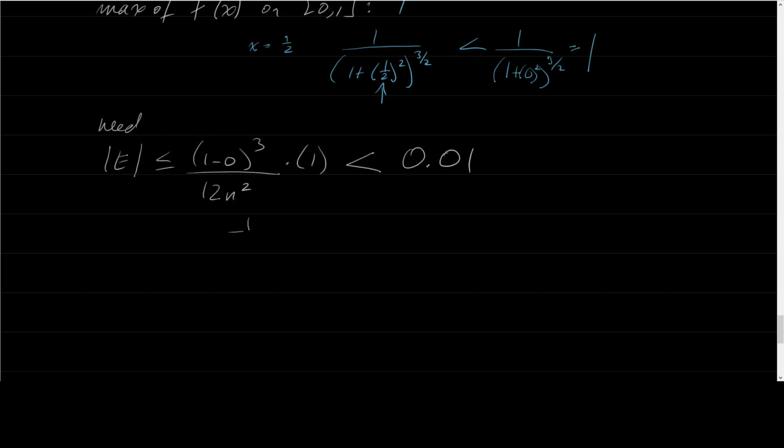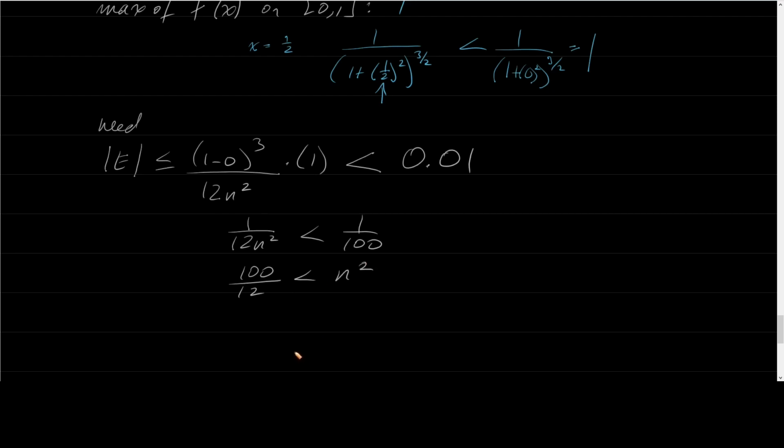So I get here 1 over 12n squared is less than this 0.01, that's 1/100th. So I'll write it as 1/100th. At this point, isolating the n squared, I multiply by 100, so I end up with 100 over 12 is less than n squared. All right.